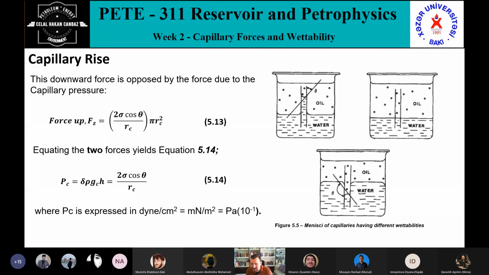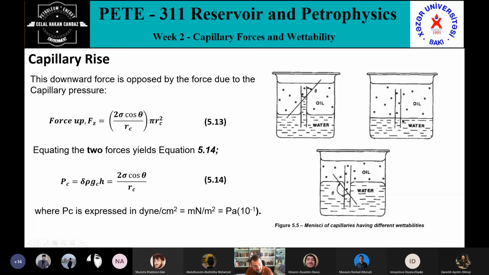So experimentally, when you satisfy these conditions, what happens? There is no concave or convex, so there is no theta angle here. When there is no theta angle, this line will be here, so the angle will be 90 degrees between the tube and the fluid surface.